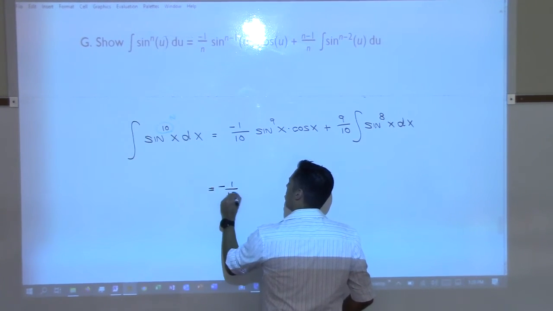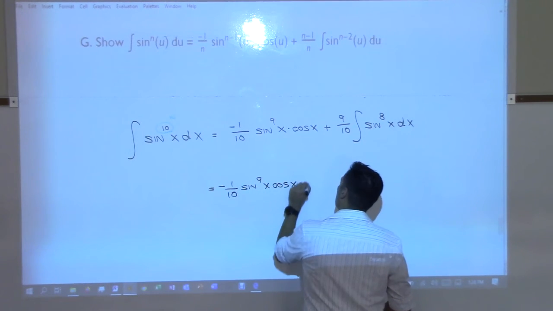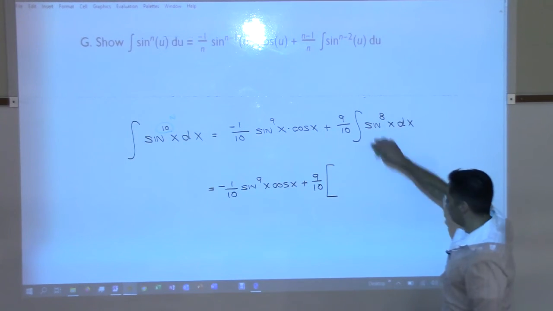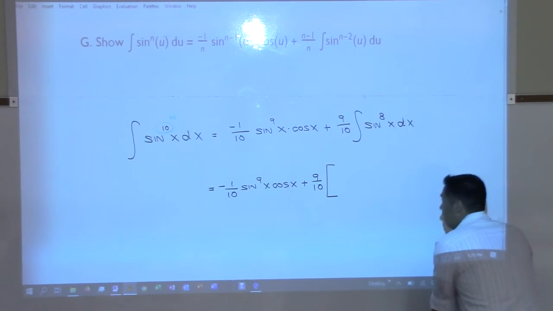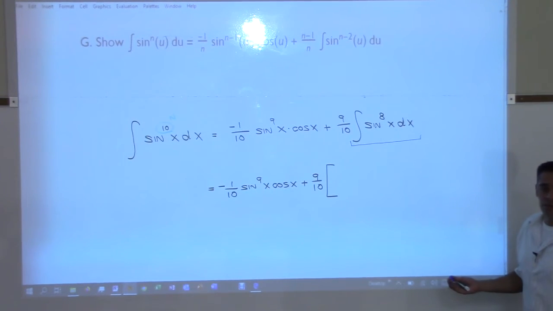Negative 1/10 sine to the 9th of x cosine x plus 9/10, and now a bracket. Now we use that formula again, but we use it on this piece right here instead, right? So now what's n? n is 8, right?